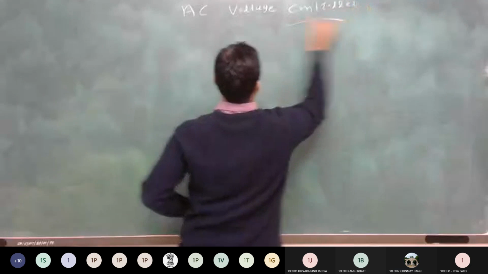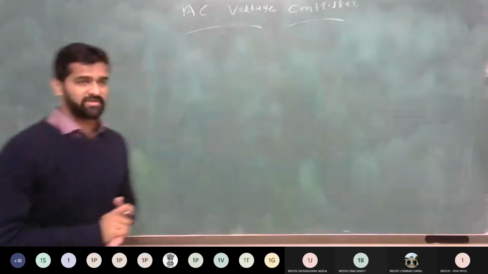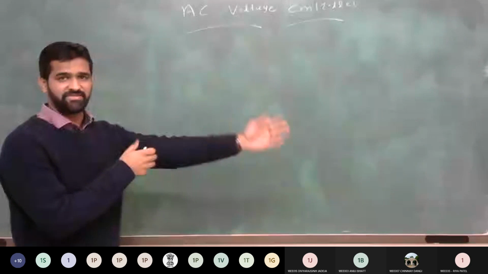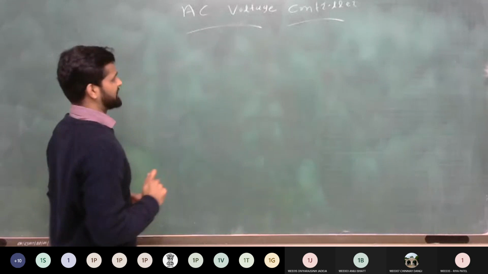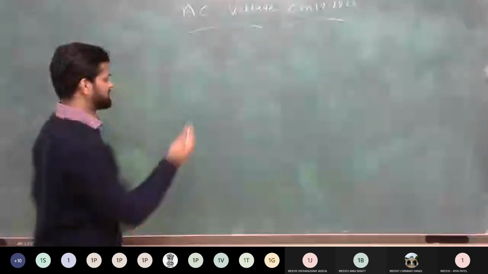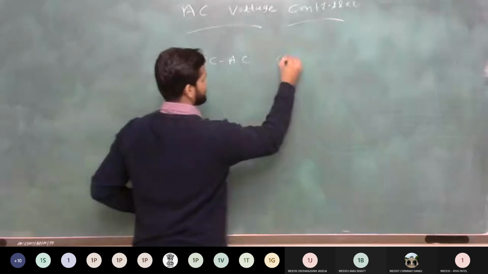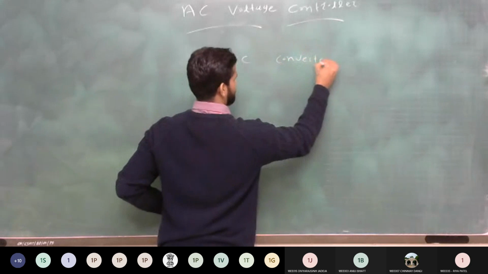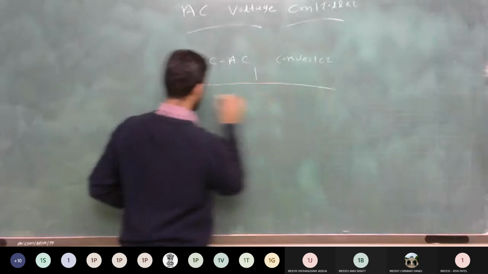Yes, sir. Okay. So, as we know that there are different types of converter that we already classified here. In that, AC voltage controller is one of the converters, which is an AC to AC converter. As we know, there are two types of AC to AC converter.